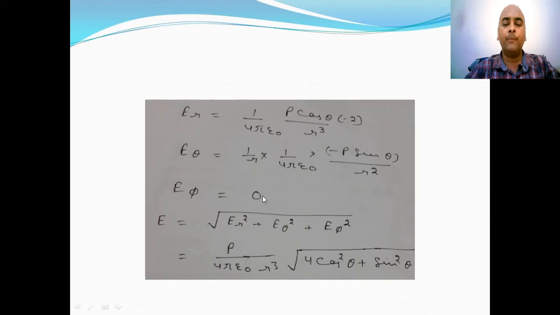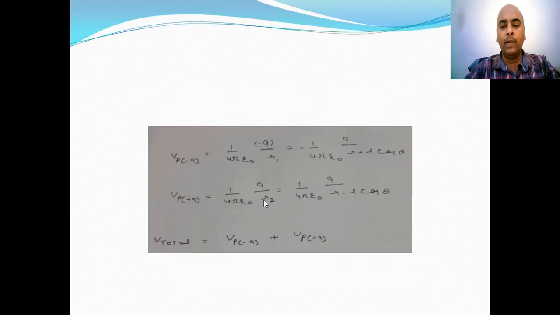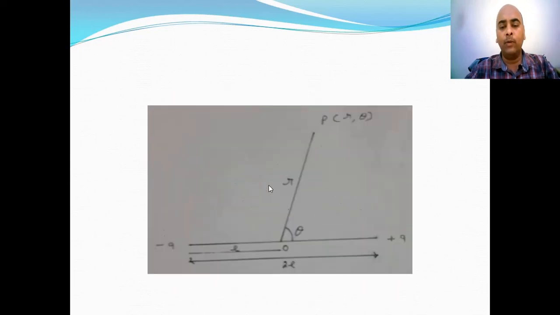Now the E phi component is 0 because at a particular distance from the dipole, that is, if the distance remains the same and we draw a circle with radius r, then the electrical field will remain the same at every point on the circle because the distance remains the same.